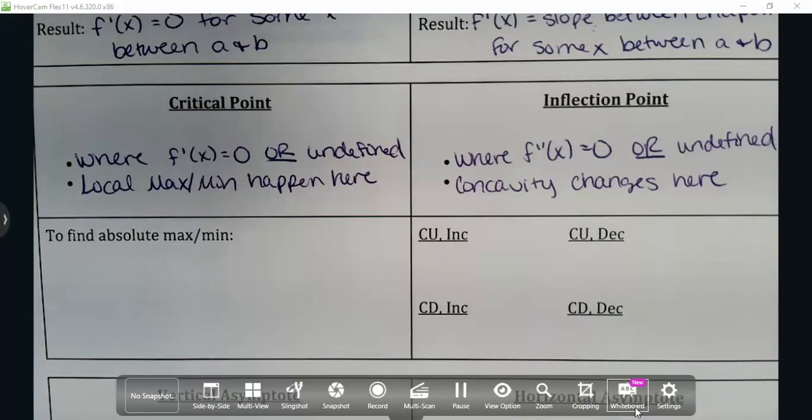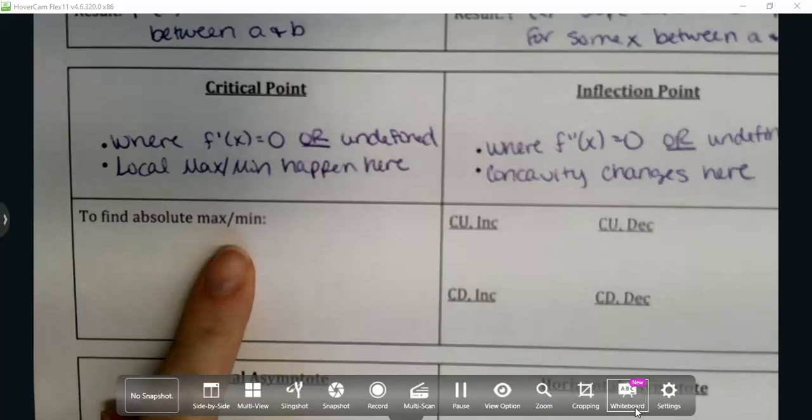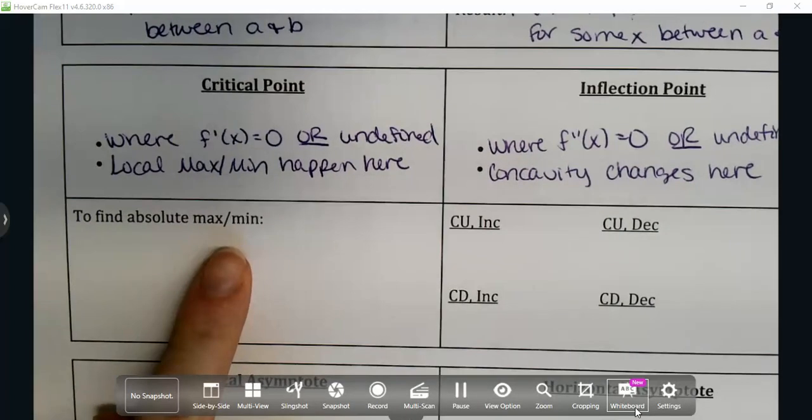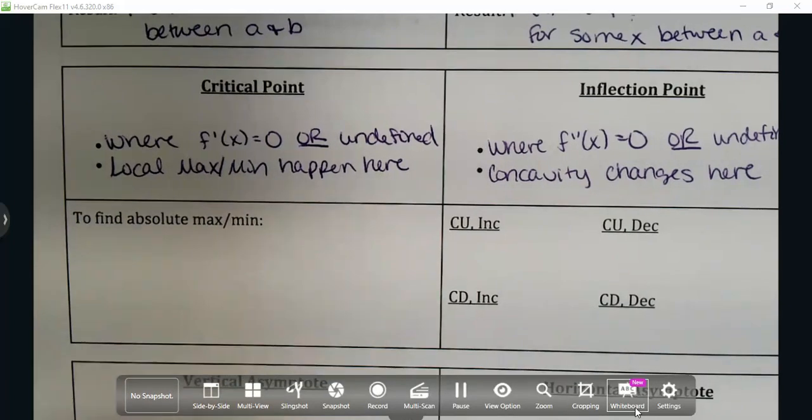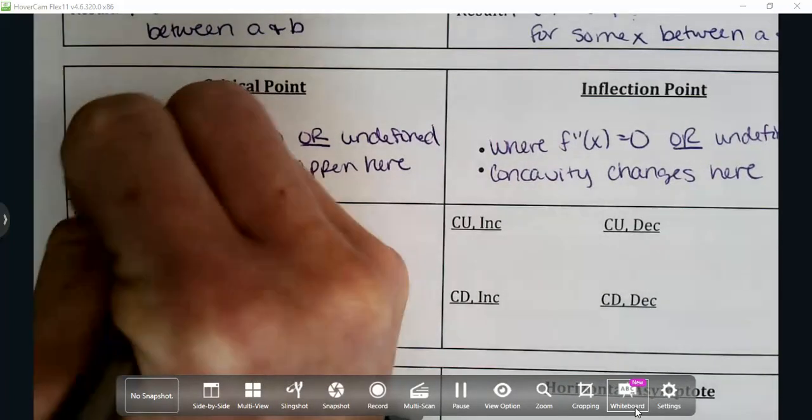The critical points we use for the local maxes and mins, how do you find the absolute max and min? Find the critical points.